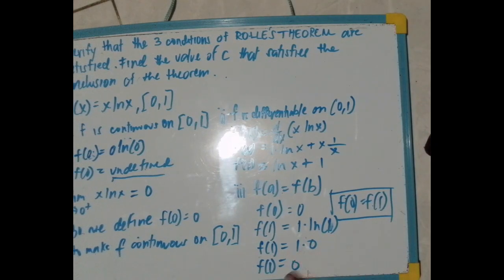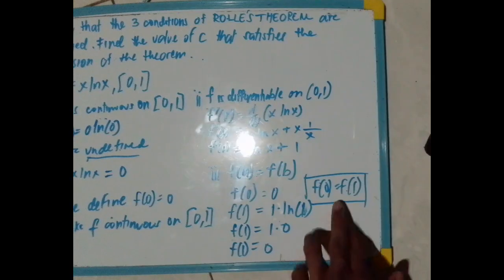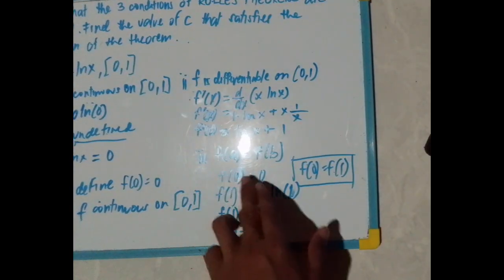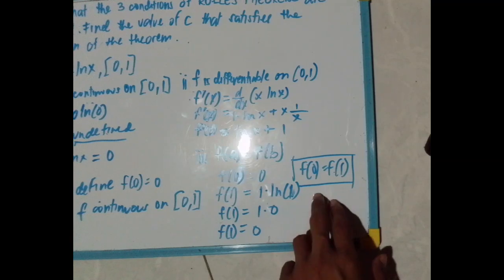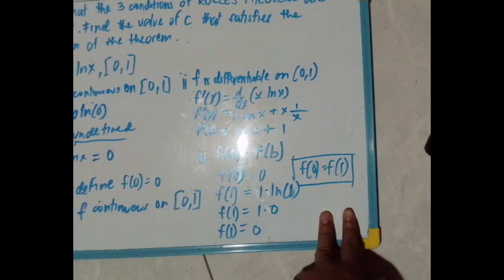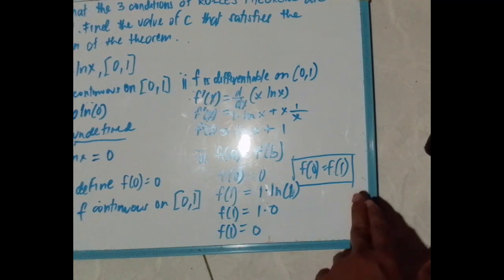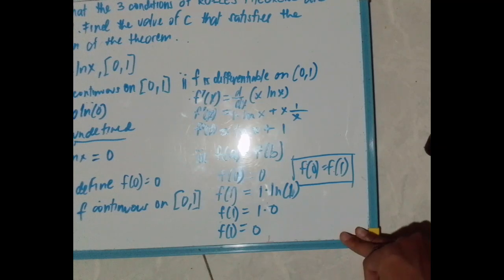So 1 times 0 is 0, so both f of a and f of b are 0, so we can equate the two. So we have f of 0 is equal to f of 1. Now, we satisfy the three conditions of Rolle's theorem.